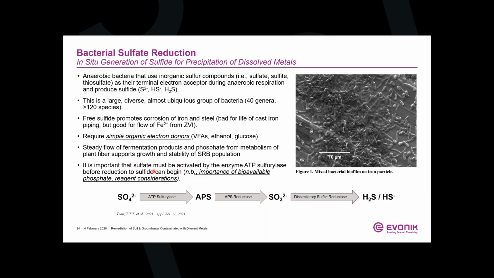And that's an important aspect because this first step, ATP sulfurylase, is dependent on a sufficient supply of phosphate because it's in the structure of this critical first enzyme. And here we have a nice picture of a biofilm of sulfate reducing bacteria on an iron particle.